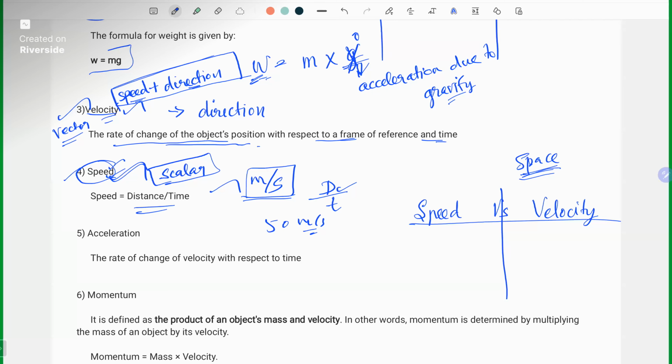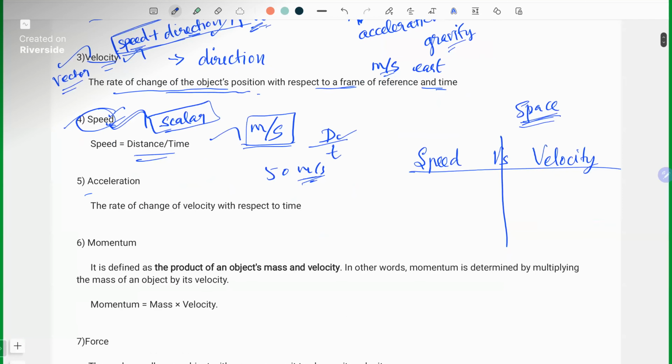Basically, speed and direction of an object put together give you the velocity of an object. Simply put, for speed we'll say only 50 meter per second. But for velocity we'll say the same meter per second, but we'll give information on direction, east, west, clockwise, anti-clockwise, some information about direction will be there. That is velocity and speed.